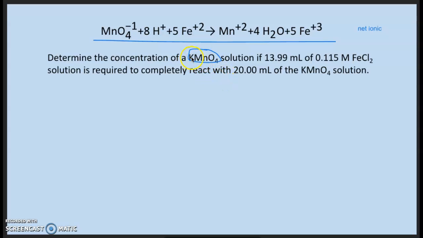So we can see that the potassium permanganate contains permanganate ion and that it's a 1-to-1 ratio of potassium permanganate to permanganate ion.